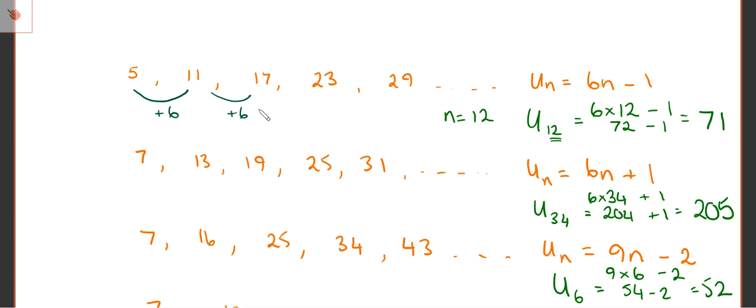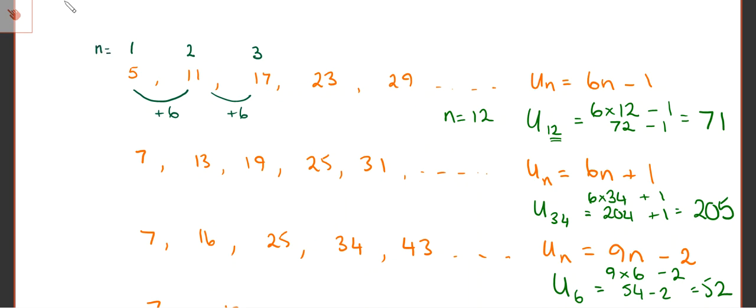Now, if it was a function machine, 5 would be the output. What would be the input? 1. Yeah. What would be the input for 11? 2. 2. 3. 4. What did we call it before? We n equals.